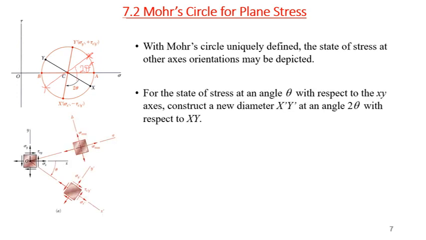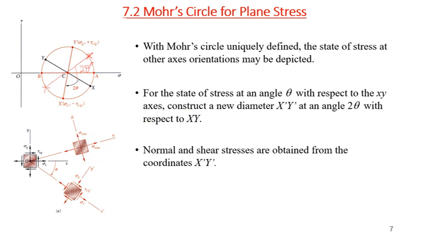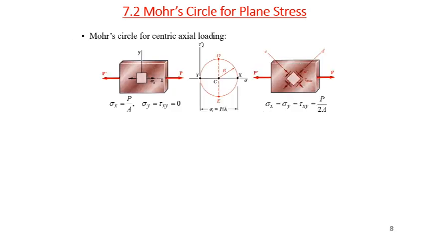So just showing the state of stress at angle theta with respect to the xy axis, construct a new direction x prime y prime at an angle 2 theta with respect to xy. Okay, and then we can find the stresses accordingly. So normal and shear stress are obtained from the coordinates of x prime and y prime.